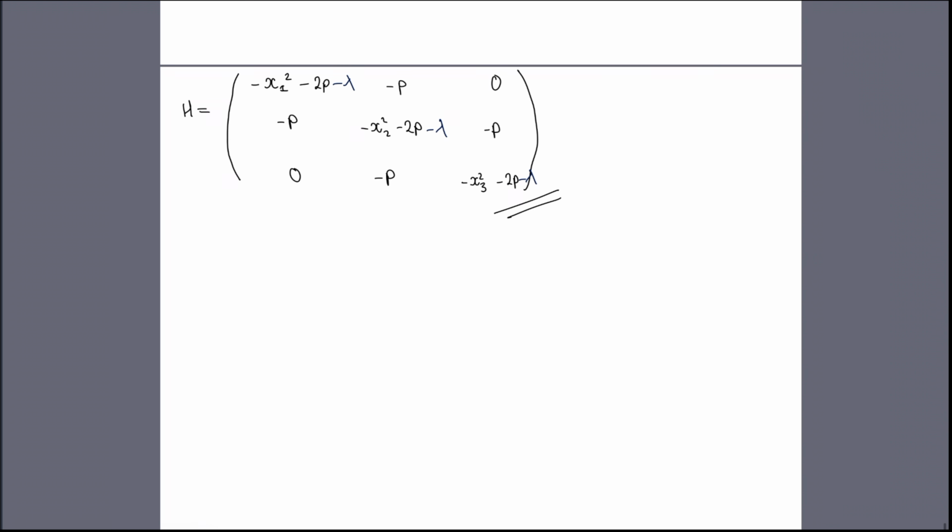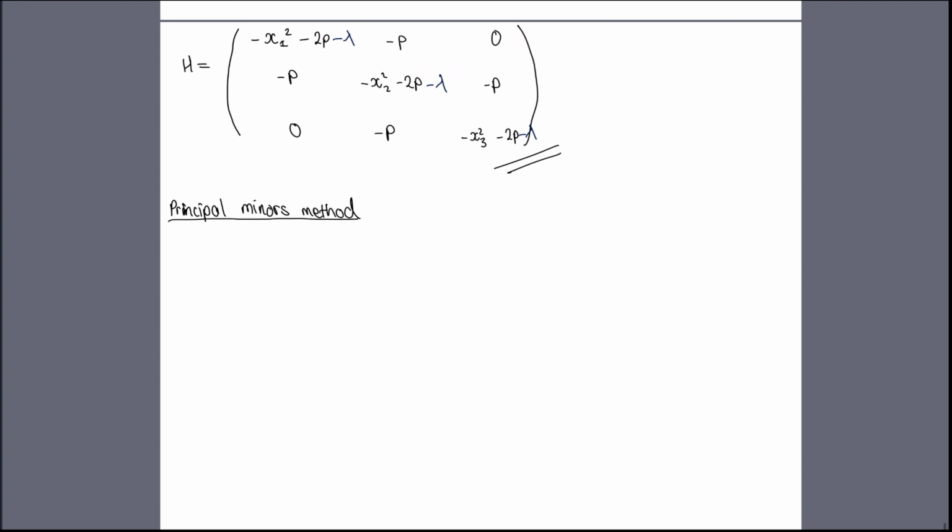For this particular question, instead of using eigenvalues, we're going to use the principal minors method. What that means is we look at the determinants of the top left submatrix and we increase its size every time.